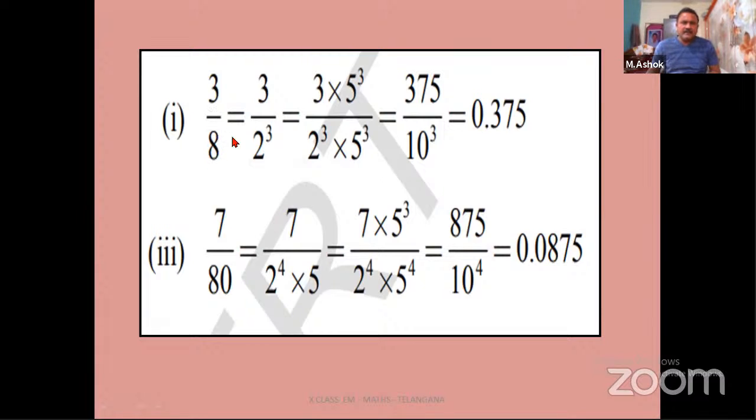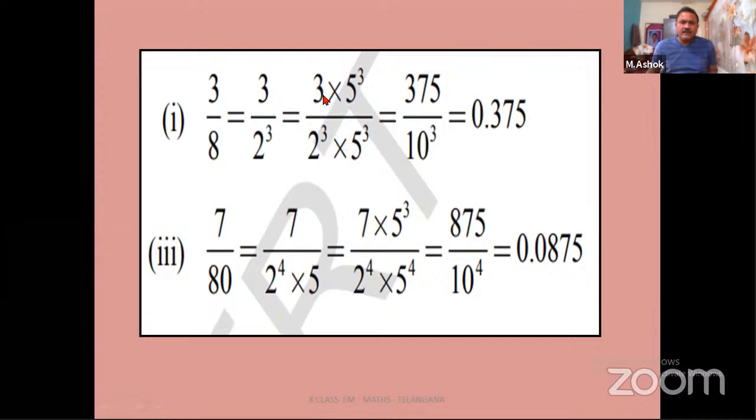Look at here how I do it. For 3 by 8, I write the prime factorization of 8, which equals 2 cube. So in 3 by 2 cube, I need 10 or 100 or 1000 in the denominator. 2 cube means to get 10 cube, I need to multiply by 5 cube, so the power will be the same.